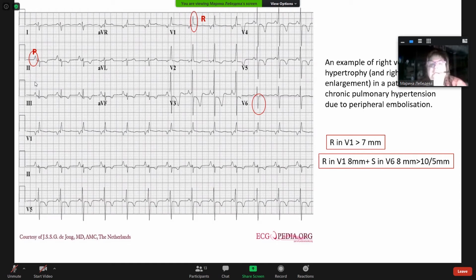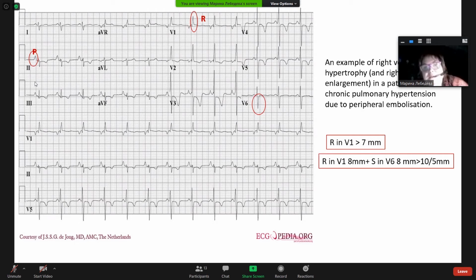And speaking about hypertrophy of the right ventricle, we also can see ECG signs of it. R amplitude in V1 plus amplitude of V6 S waves are more than 10.5 millimeters.